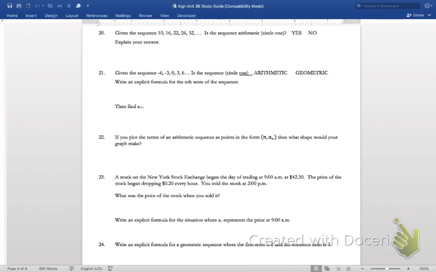On 20, is it arithmetic? The answer is yes. It's arithmetic because we are adding 6 each time. 21, is this sequence arithmetic or geometric? This one is arithmetic.